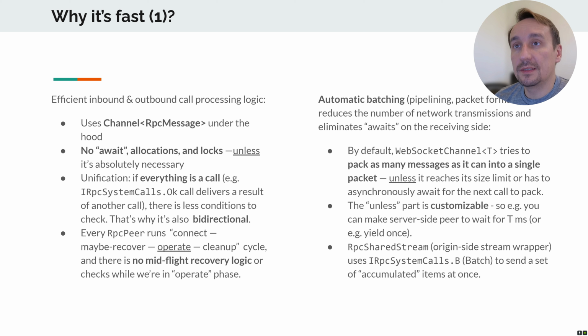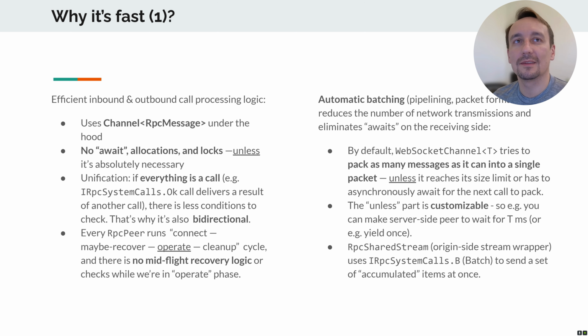I think the key piece is automatic batching, and it's also based on the fact that it uses a channel of RPC messages. Basically, the low-level abstraction that sends and receives calls is a channel of RPC messages. And channels are an extremely efficient and powerful thing on .NET.